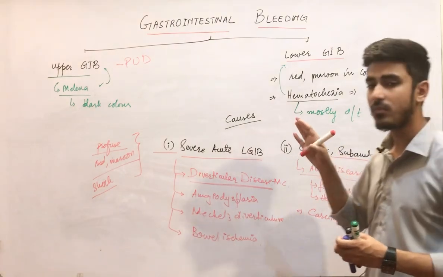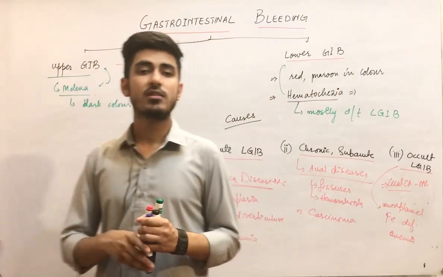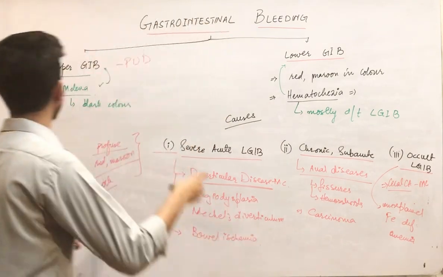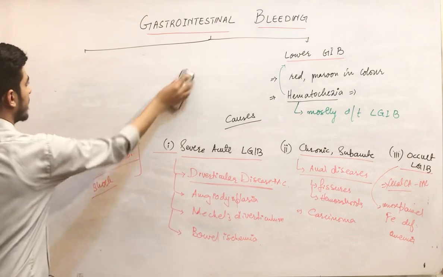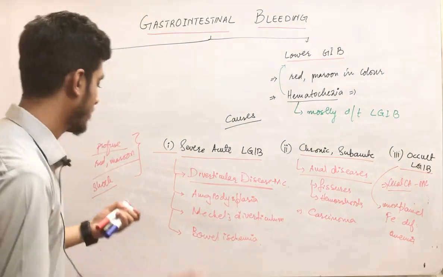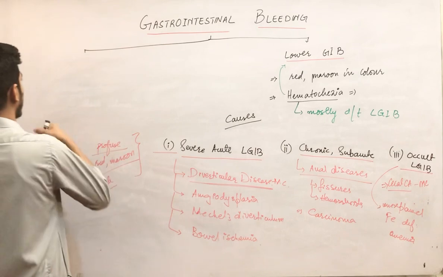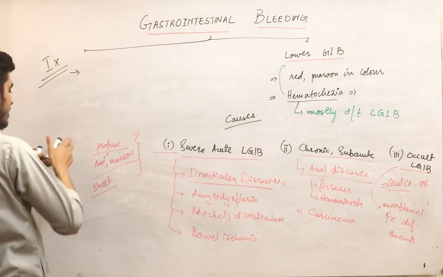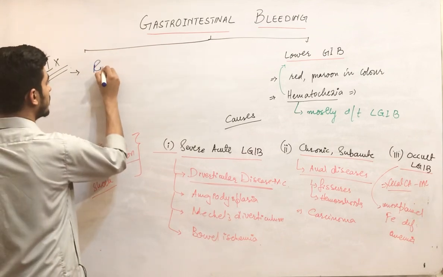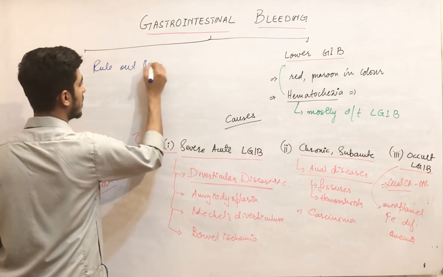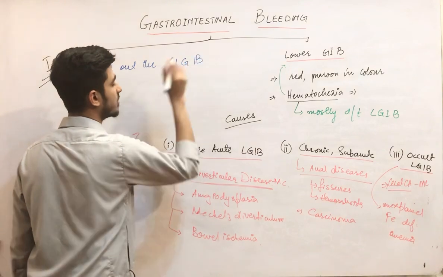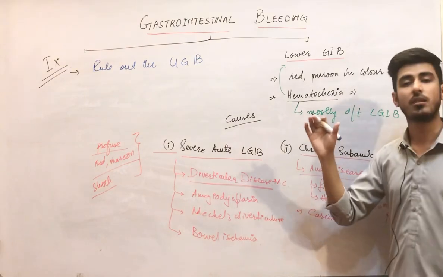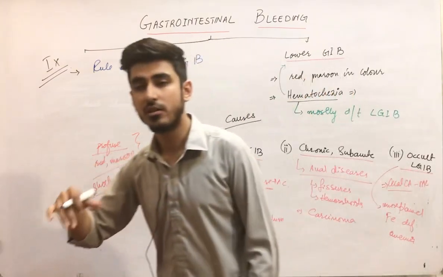Is that clear? Now we are moving on towards the investigations. One thing very important to remember here: in the investigations of lower GI bleeding, the first thing you are going to do is rule out upper GI bleeding. This is very important, because I told you that blood in the stool can be due to upper as well as lower GI bleeding.